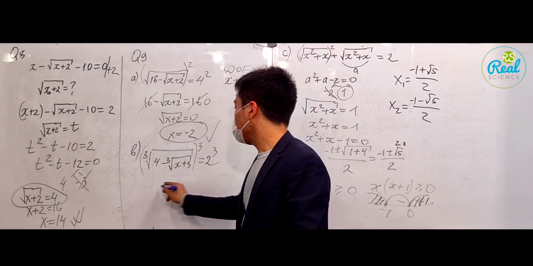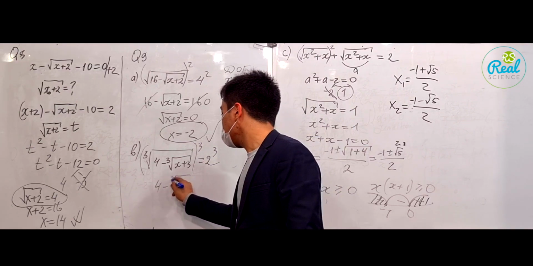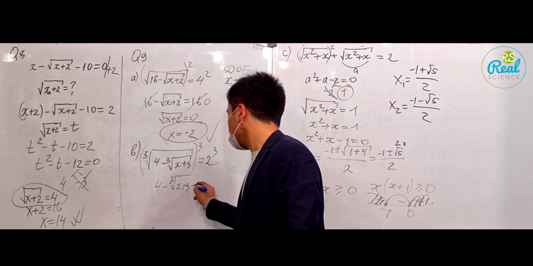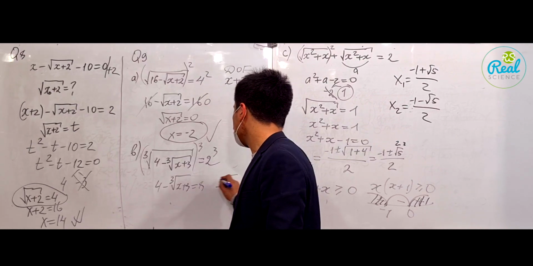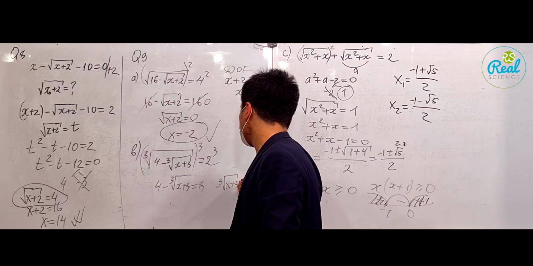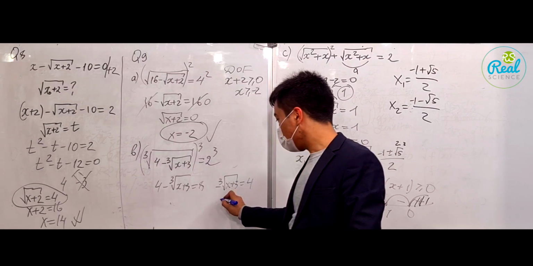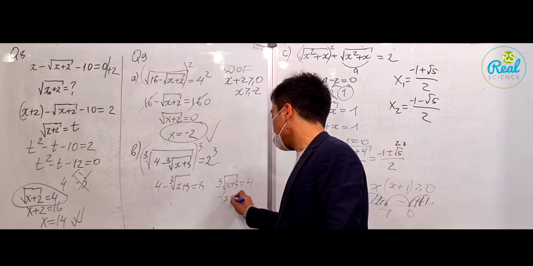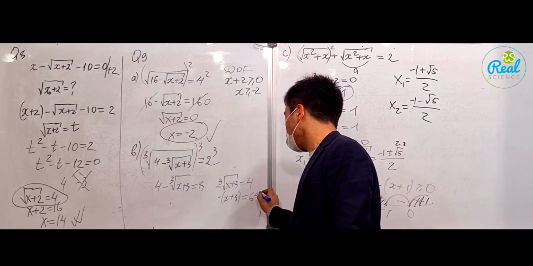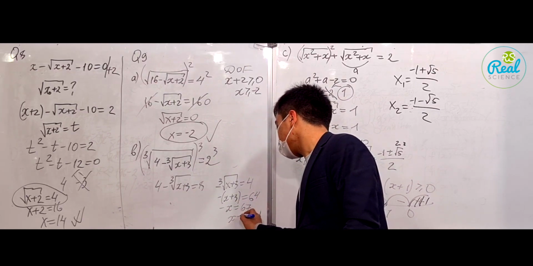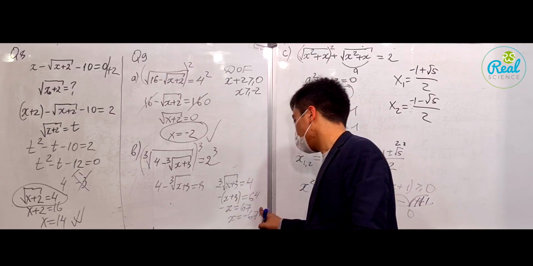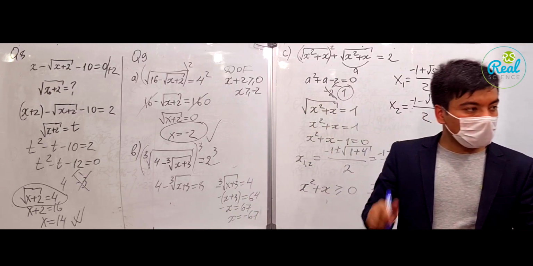Cube, cube. 4 cubed, it's going to be 64. Minus cube root of x plus 3 is 4. Minus x plus 3 is 64. Minus x is 67. X is minus 67.